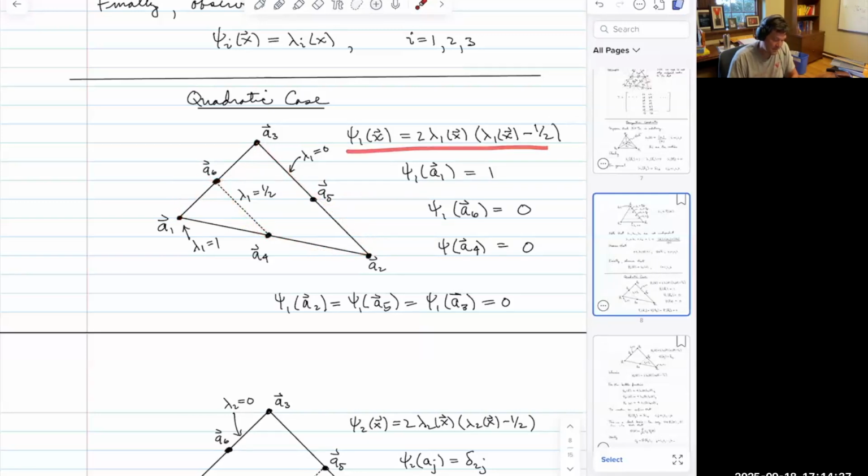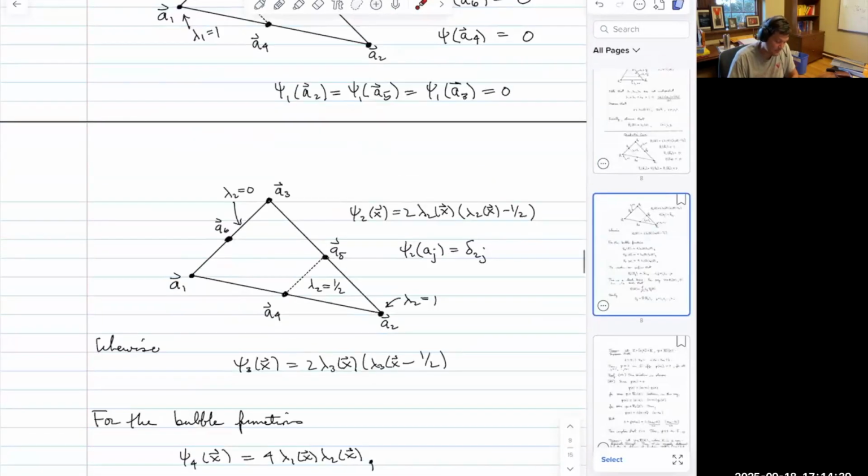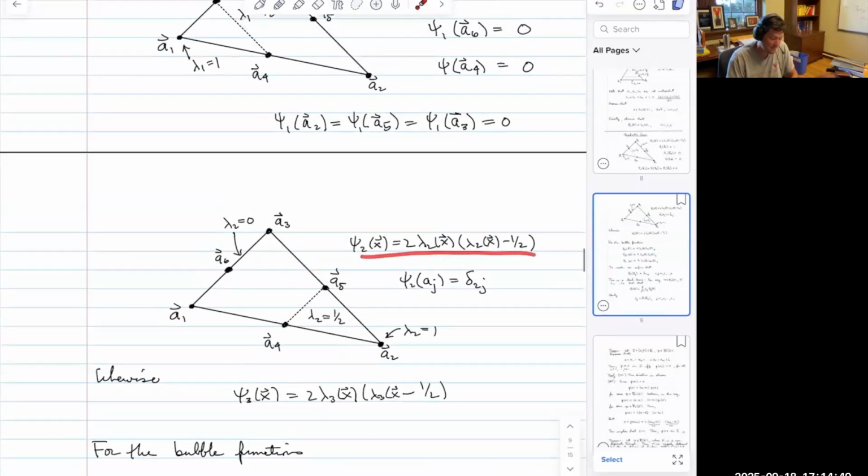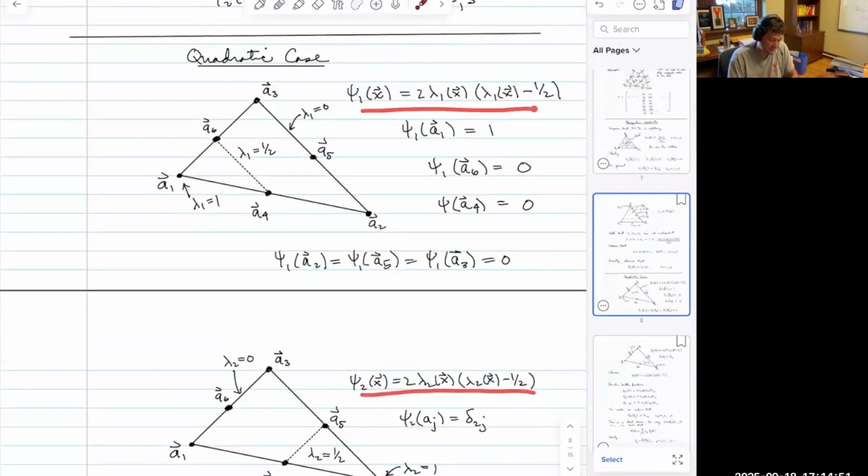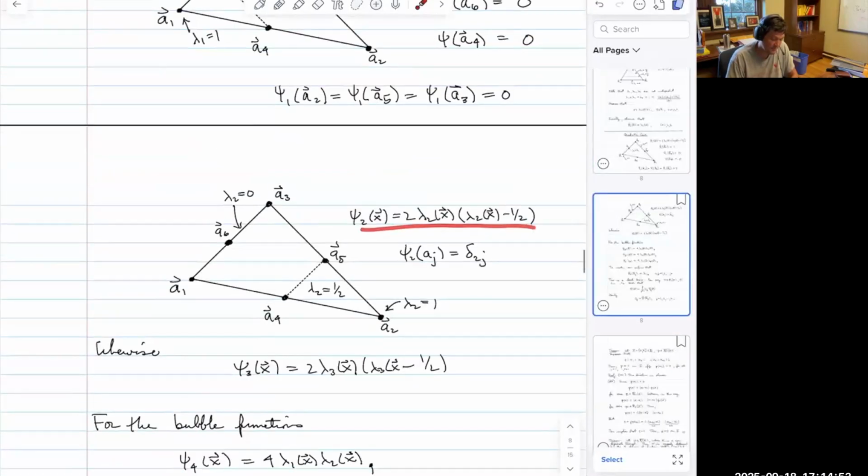That's psi 1. What about psi 2? Psi 2 should be 1 here, and it should be 0 at all the other nodes. So let's see if it holds up if I do that. Well, by the same logic that I just showed you for this one will also satisfy, it's 1 here, 0 here, and 0 here. Why is it 0 here? Well, this is just going to be lambda 2 equals 1/2, so that part gets killed off there.